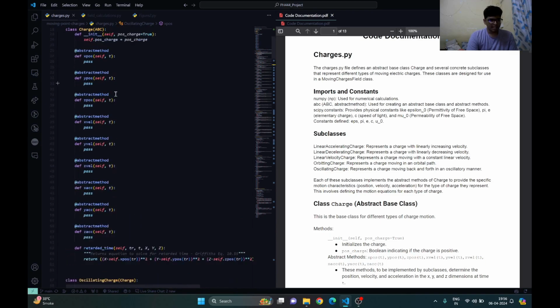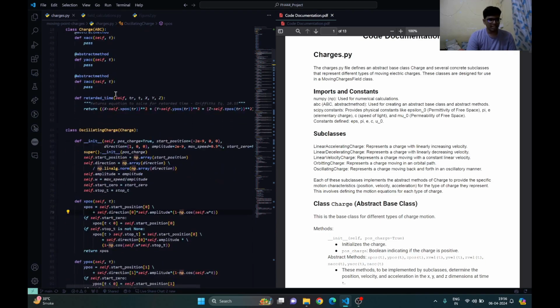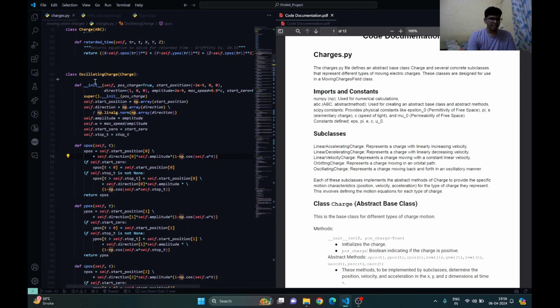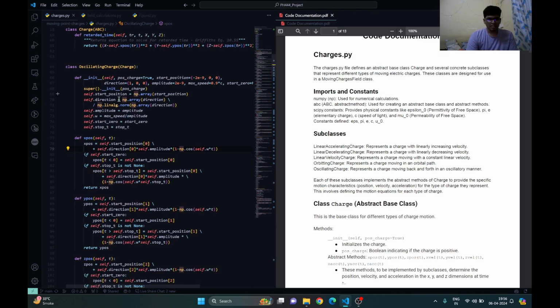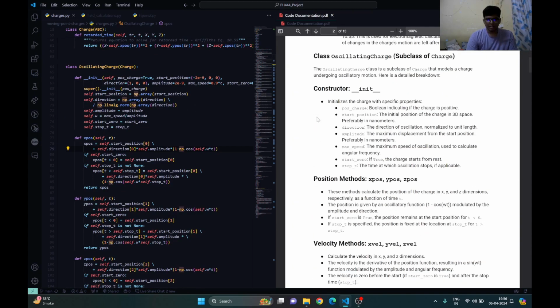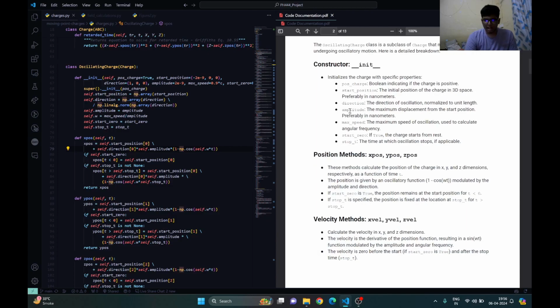These are defined as pass right now because we'll define subclasses which will actually define how the motion is of each particle in different scenarios. So the first one is oscillating charge, as suggested by the name. This is pretty self-explanatory. So basically we have these attributes for this class.